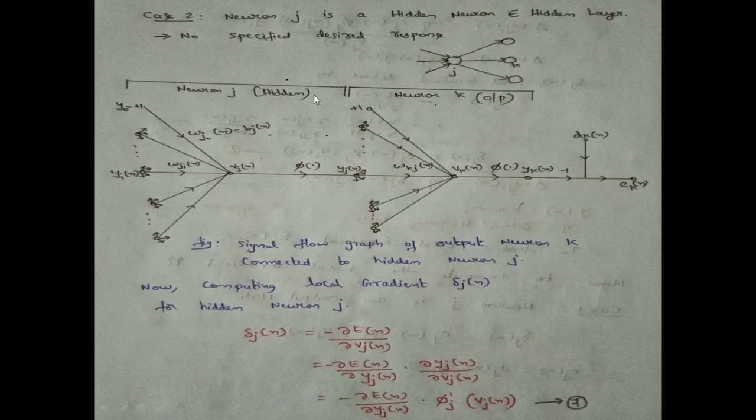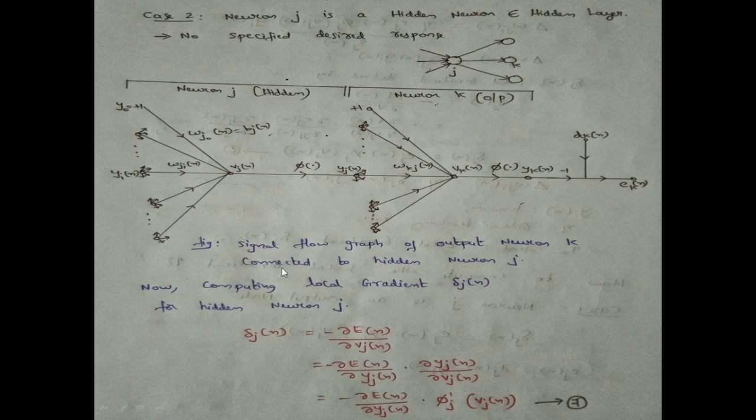Accordingly, the error signal for this hidden neuron j has to be determined recursively in terms of the error signals of all the neurons to which this hidden neuron j is directly connected. At this point the development of the backpropagation algorithm gets complicated. In this diagram, this is the neuron k, which is in the output layer, and this is the neuron j, which is in the hidden layer.